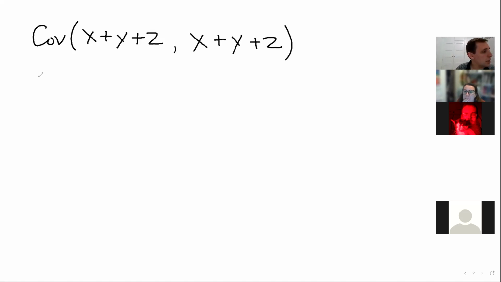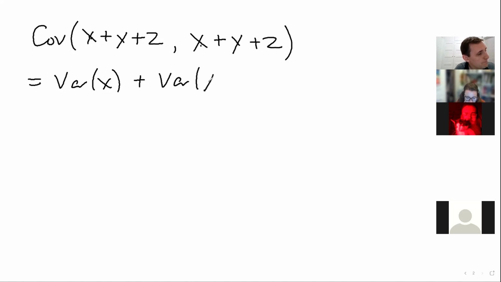Now, you agree that I have only one combination with x meeting x. I call it homogeneous connection, whatever we call it, right? So I have covariance of x and x, which I can write as variance of x, yes? Plus I have only one connection with y, where y meets y, and similar for z, right? Plus, what happens next?